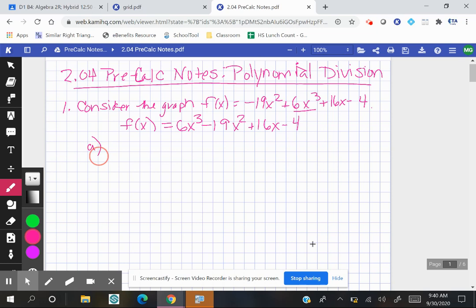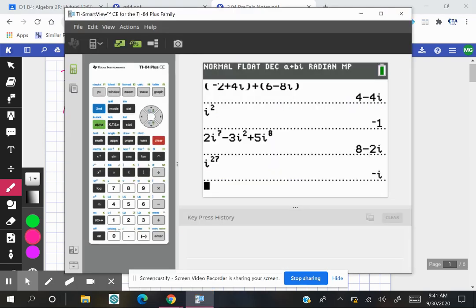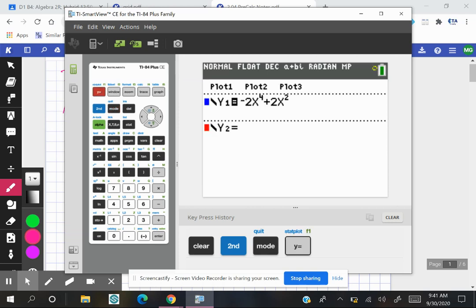I want you to go to your calculator and look at the graph. So go ahead and type that into your calculator. And I want you to find an obvious zero value. So in my calculator, we're going to do y equals and type this in.